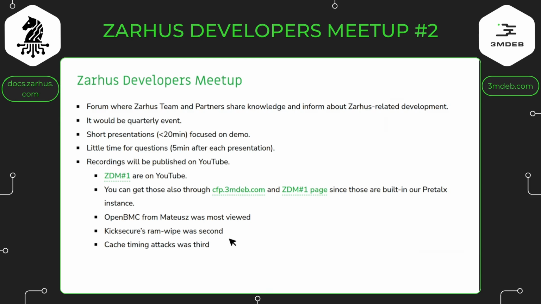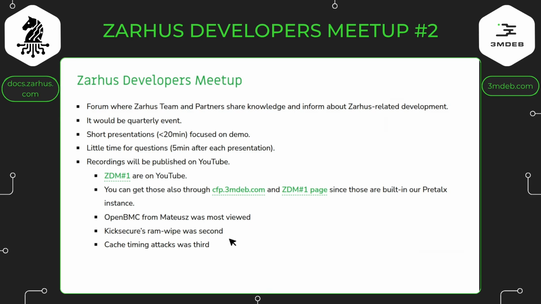Yesterday I was looking at the statistics on YouTube. So definitely the winner of the last ZDM is Mateusz. Mateusz gathered the most audience because I guess the topic was mainstream in our ecosystem. But the difference is not that big. I guess it was around 90 or 100 views.